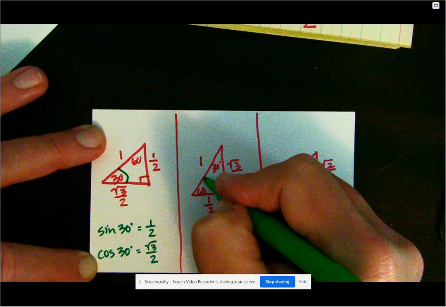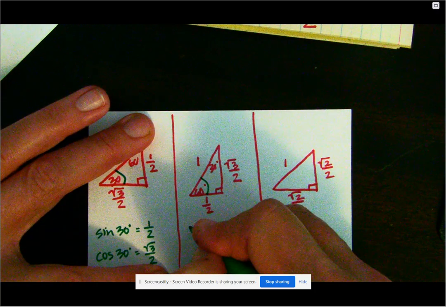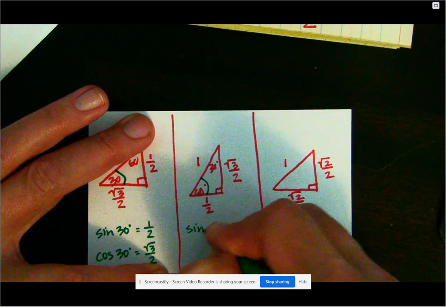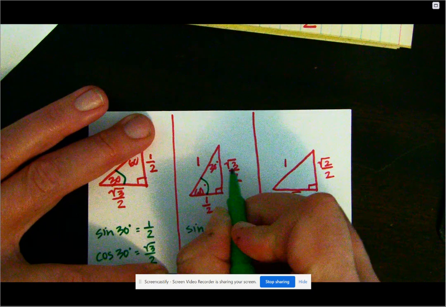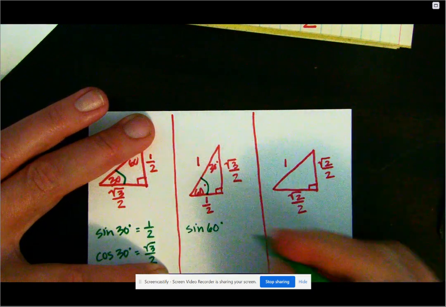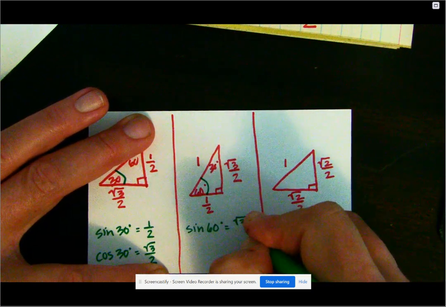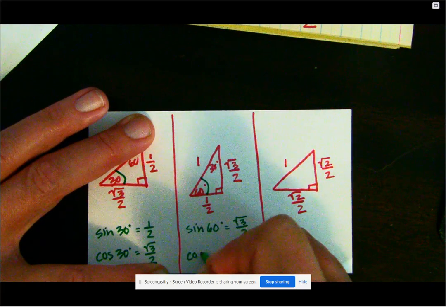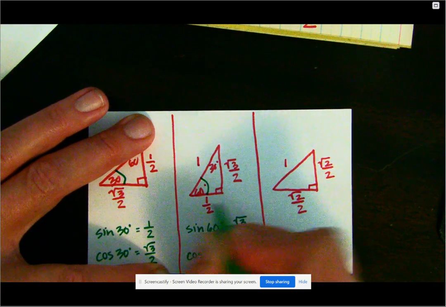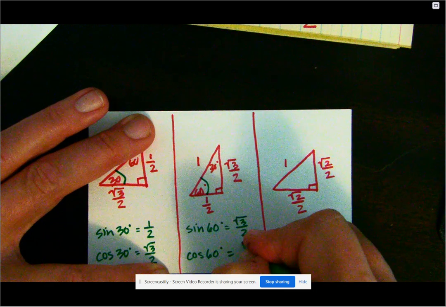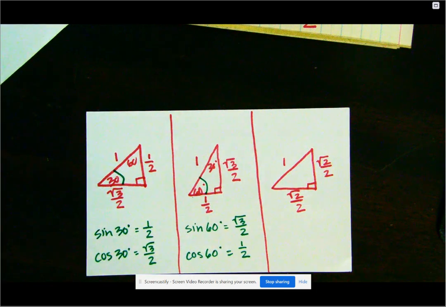Okay, using 60 degrees as our reference, the sine of 60 degrees is opposite over hypotenuse. And the cosine of 60 degrees is adjacent over hypotenuse. And again, the hypotenuse is always 1, so you don't need to put over 1 again because it doesn't change it.